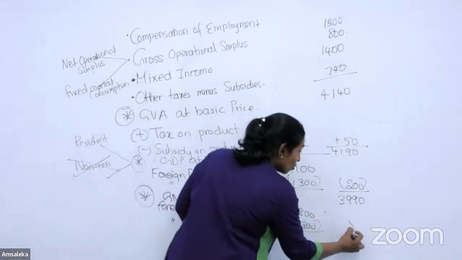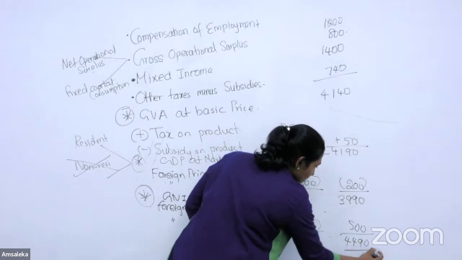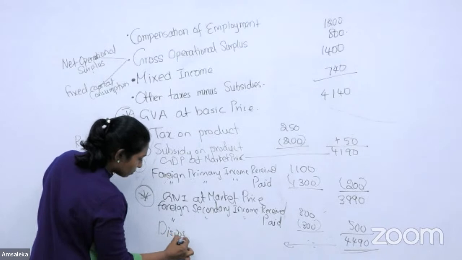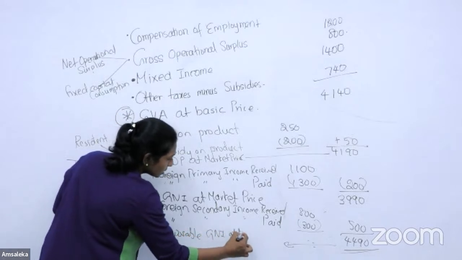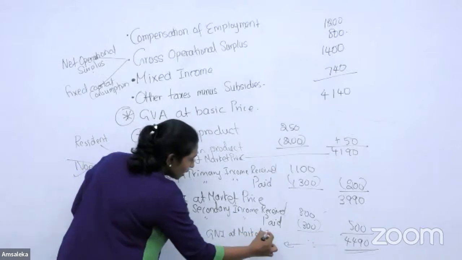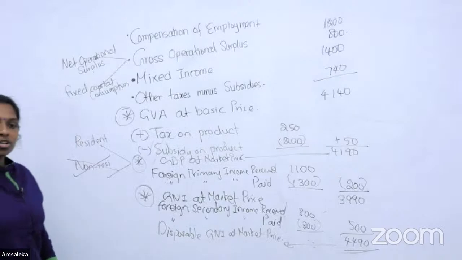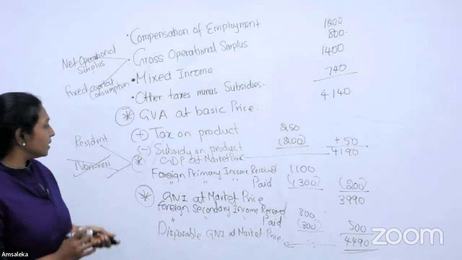In this case you will add. When you add, this is the answer if I am correct. This is the final touch of the entire statement. Disposable GNI at market price. The entire income statement and income approach is explained.